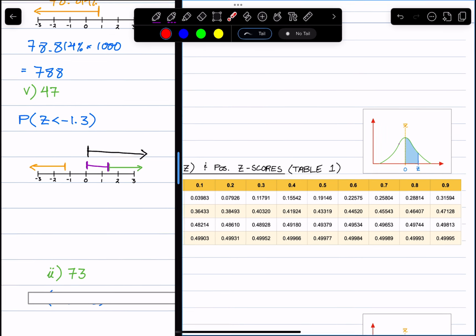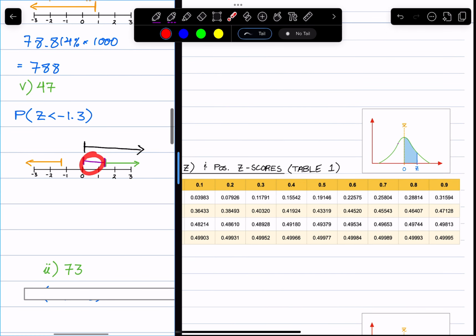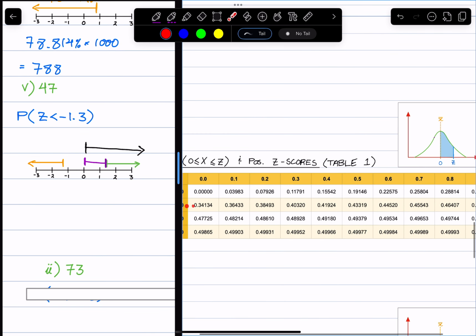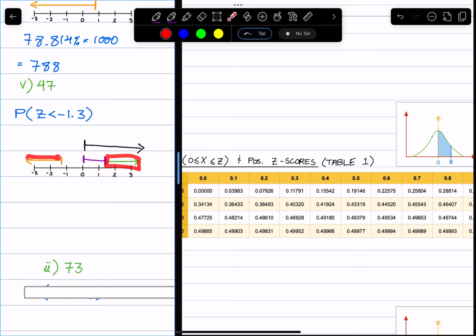Now, that's exactly what this table is showing. That purple portion, 1.3, is here. So 50% minus this gets us this green portion, which is equivalent to this orange one.